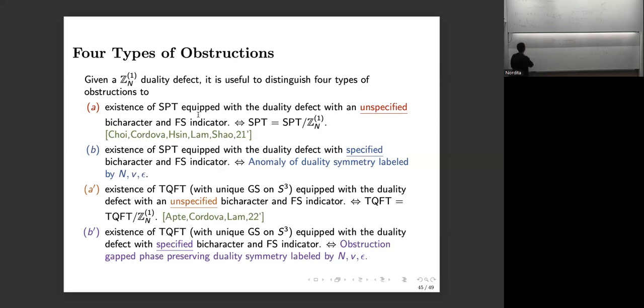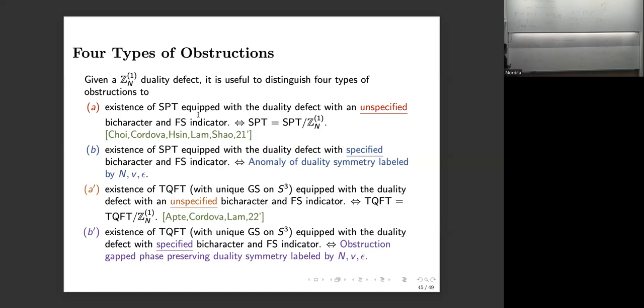Because the condition B means that the duality defect is anomaly free, you have to make a specific choice. So this is for a given choice of this refined data, but for A you don't have that.